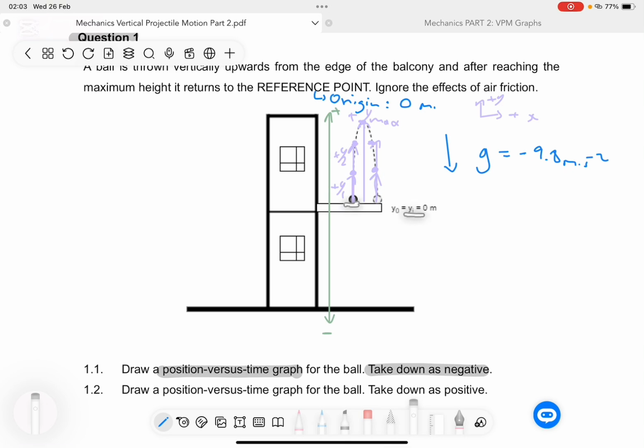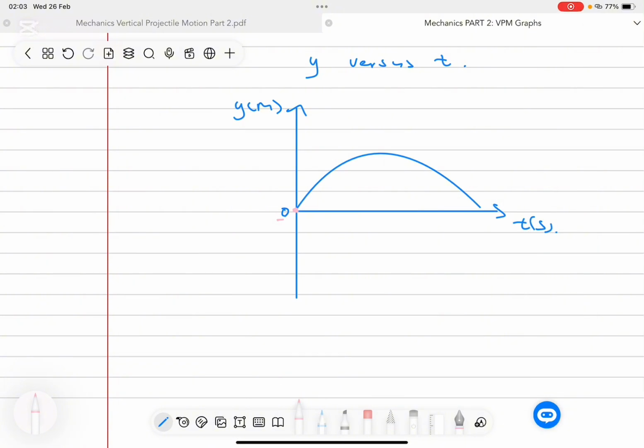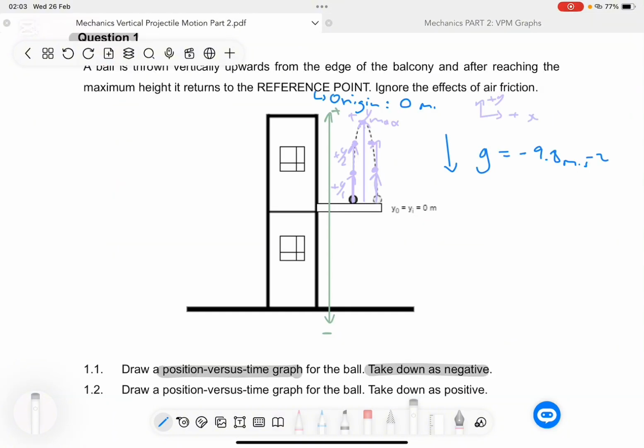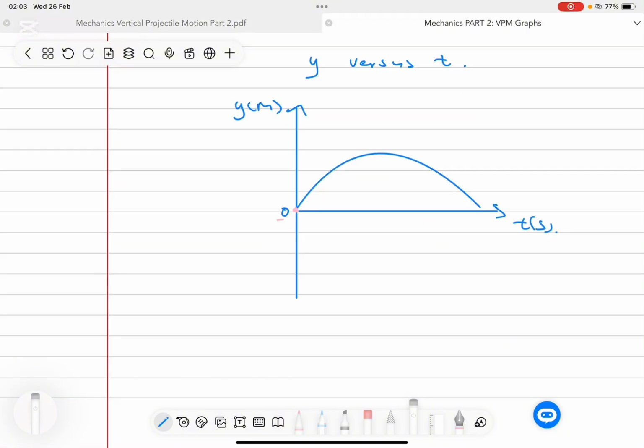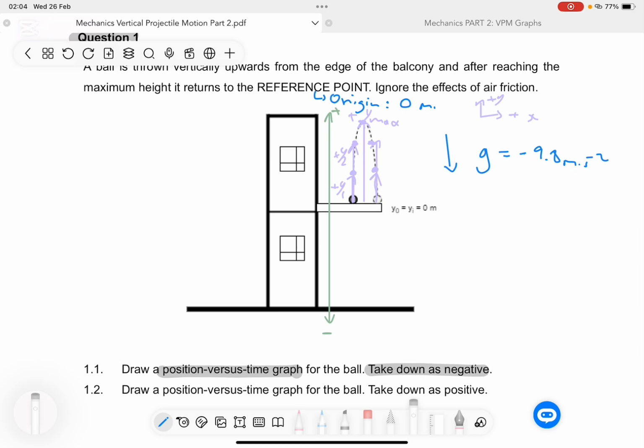Our initial position is also 0. But obviously, after throwing the projectile, the time will increase. And we want to see that as it increases, what happens to our position. Well, we expect the position to increase and decrease again. Now, what will happen here is that the time will increase to this point, and we see that the position has also increased. We get positive y1.